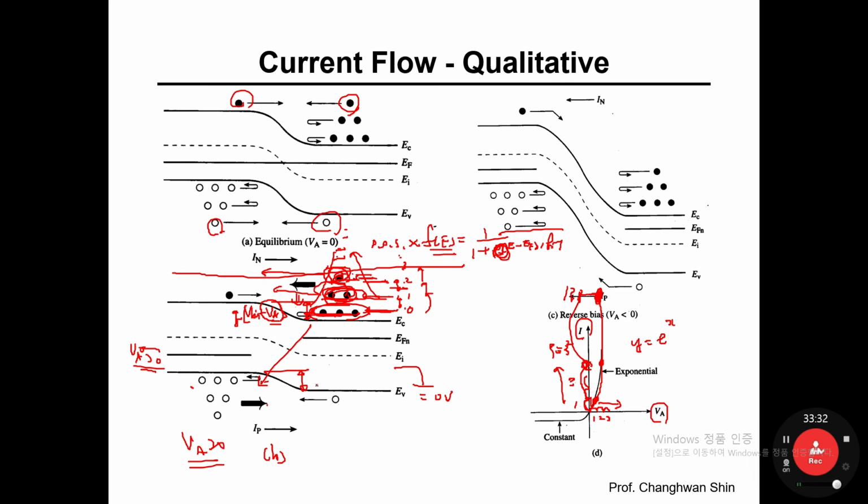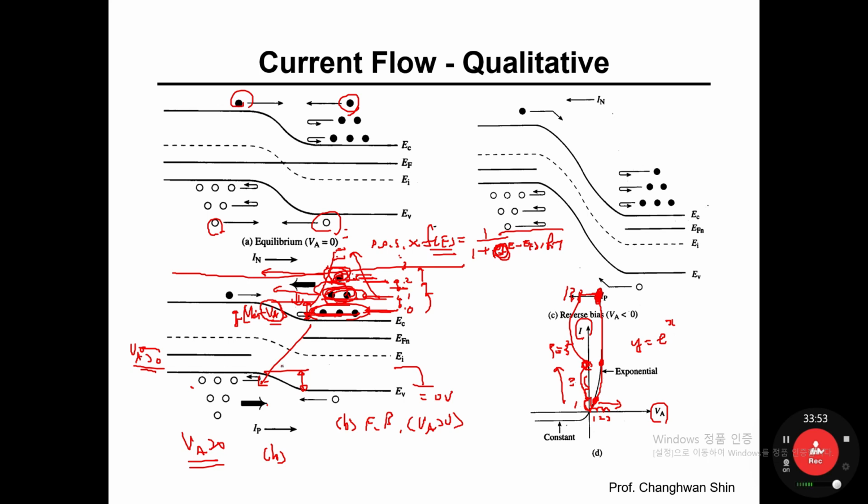That is another reason why in the diode the current is exponentially increasing as the bias is linearly increasing. Okay, then we have done the quantitative analysis for the forward bias, once VA is higher than 0.